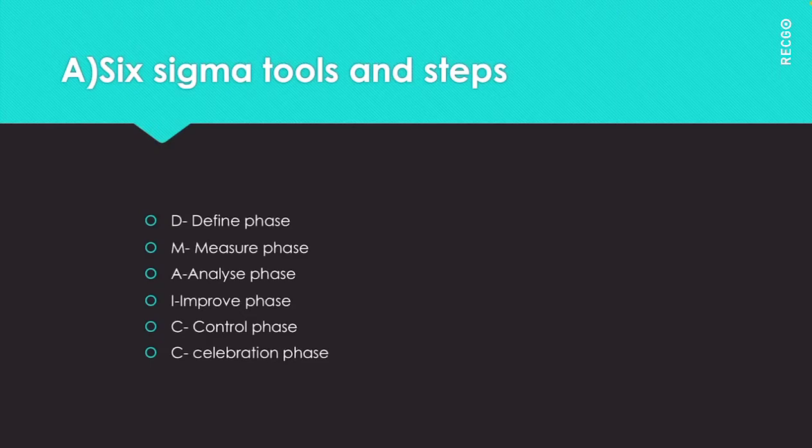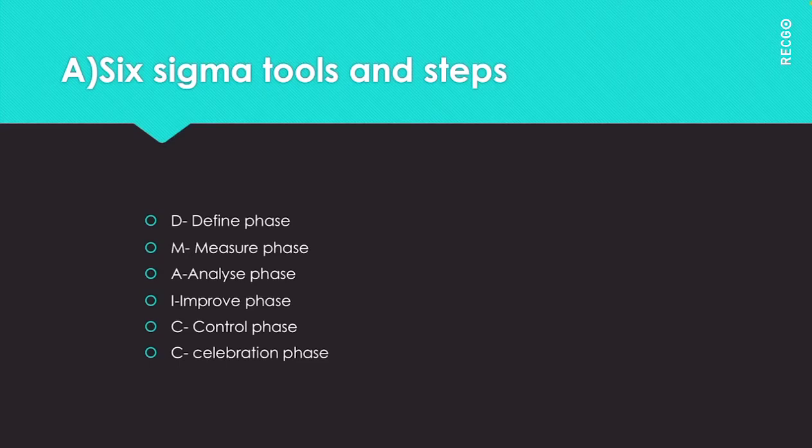Then comes the improve phase. Now is the stage of improving the process by eliminating defects and the root causes of the problem. The process can be improved by eliminating the defects or the root causes of the problem.